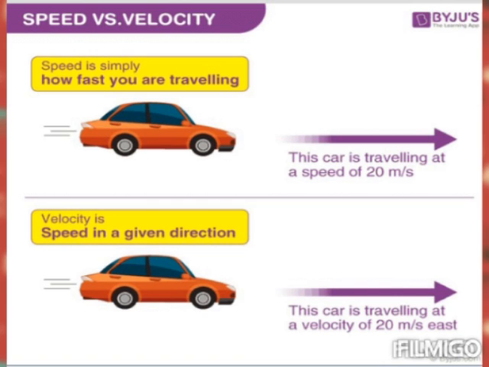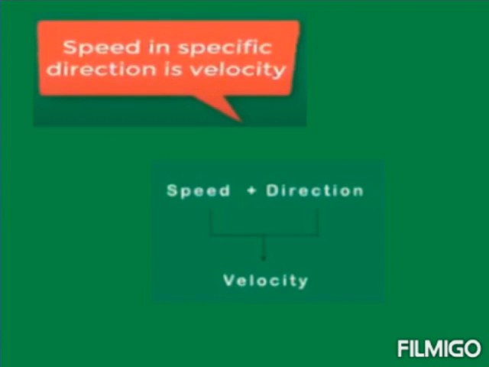Displacement is a vector quantity and has a direction. Just because of displacement, velocity also has a direction. So this car is traveling at a velocity of 20 meters per second in the direction of east. This is the main difference between speed and velocity: direction.